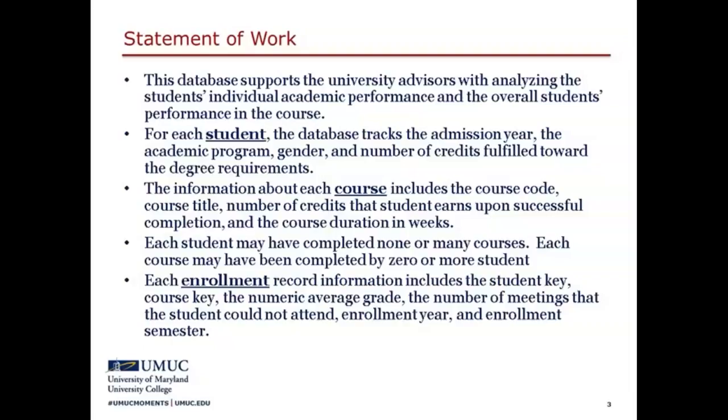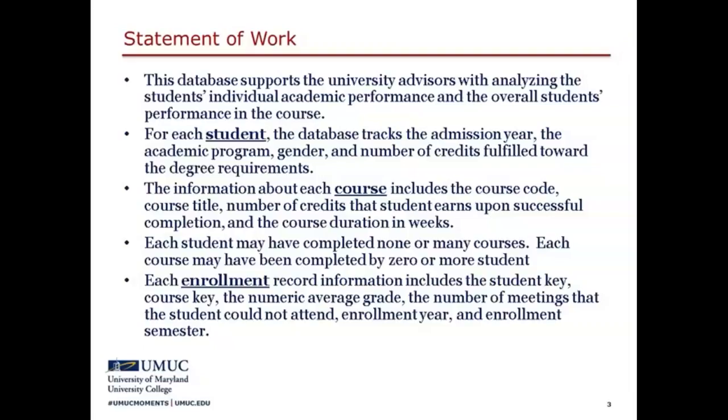And now I've got the students, right? And I've got the course. Each student can take more than one course, and each course can be taken by more than one student. So what do we have? We have a many-to-many relationship, right? So to solve it, I'm going to have another entity or another table, and I'm going to call it enrollment, right?